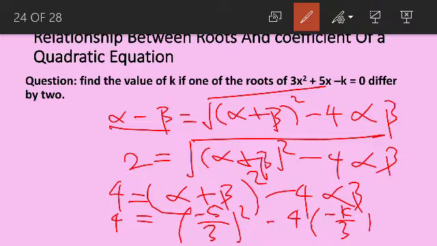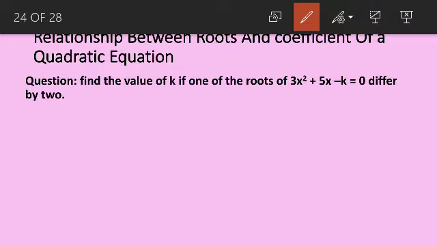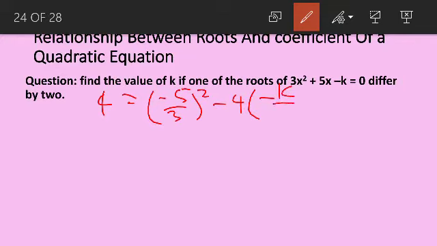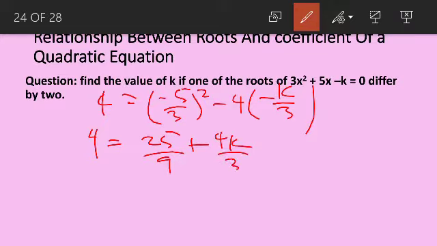4 equal to minus 5 over 3 all squared, then minus 4 into minus k over 3. If we continue from there, when we expand, we are going to get 4 equal to 25 over 9, then plus 4k all over 3.